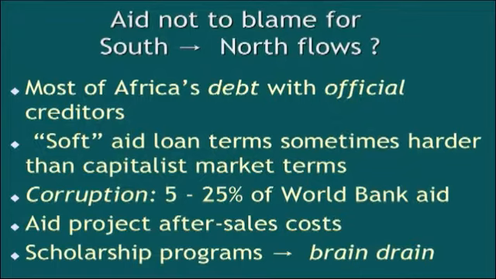A study carried out a couple of years ago by World Bank economists showed that the so-called soft loans, or loans offered under terms of very low interest rates and long payback terms, they studied those very carefully, and they compared them with the then going rates in the private markets for capital.